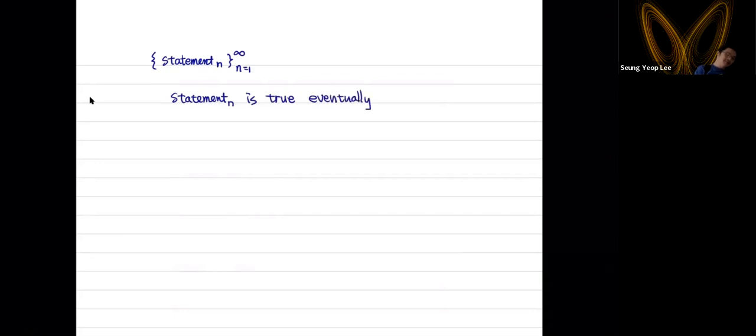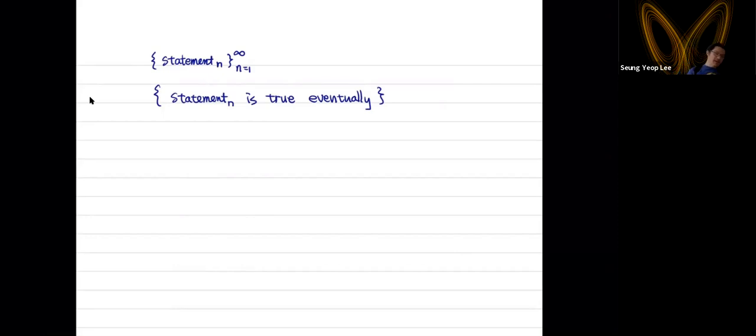I want to consider this particular event. Statement n is true eventually means that the statement will be true if n is large enough.